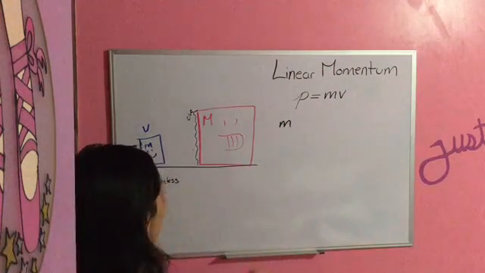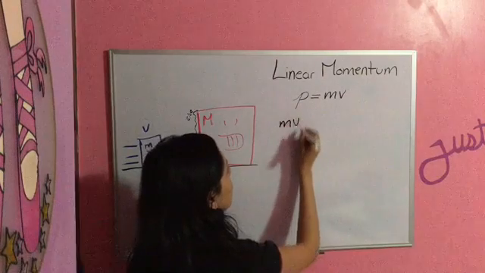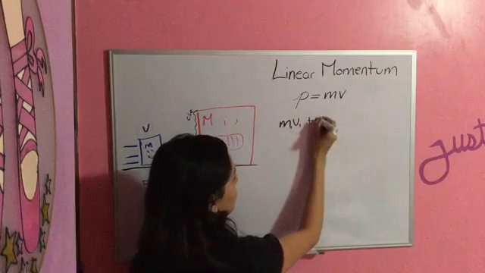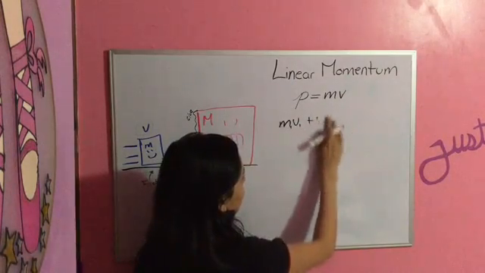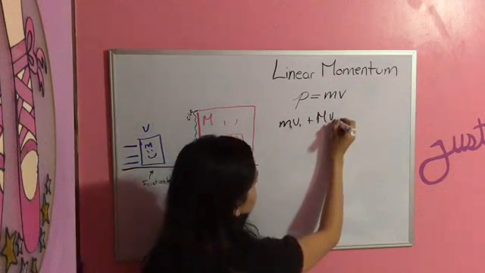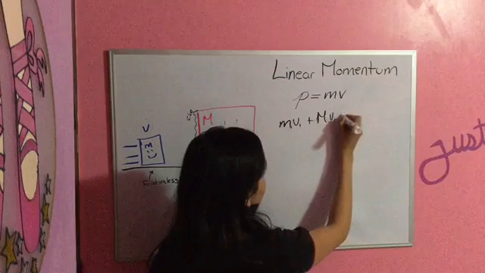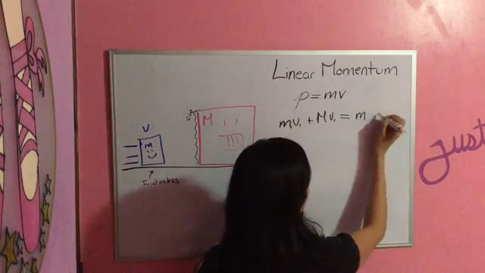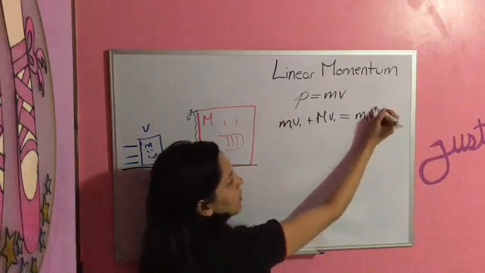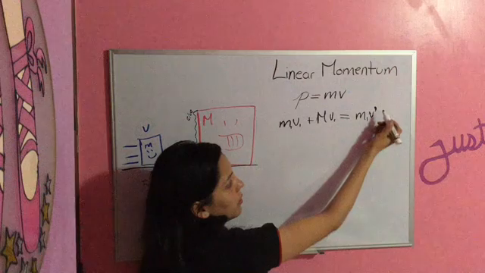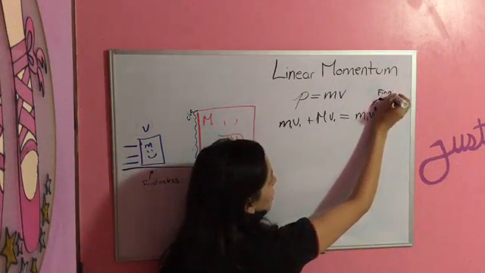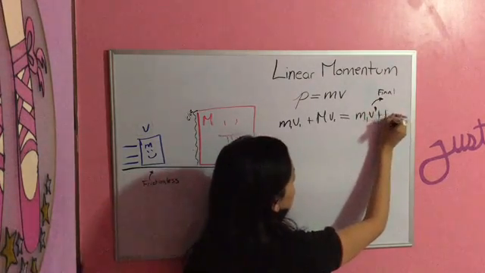So the equation will be like this: m times v equals m plus M times v prime, where the prime means the final velocity at the end of the collision.